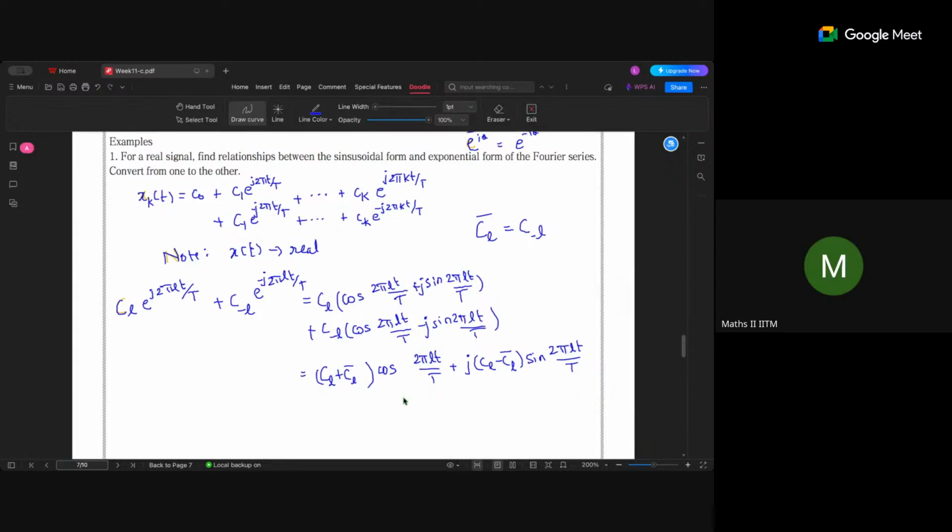Now what is z plus z bar, when you take any complex number? It is 2 times the real part of z, right? And what is z minus z bar?